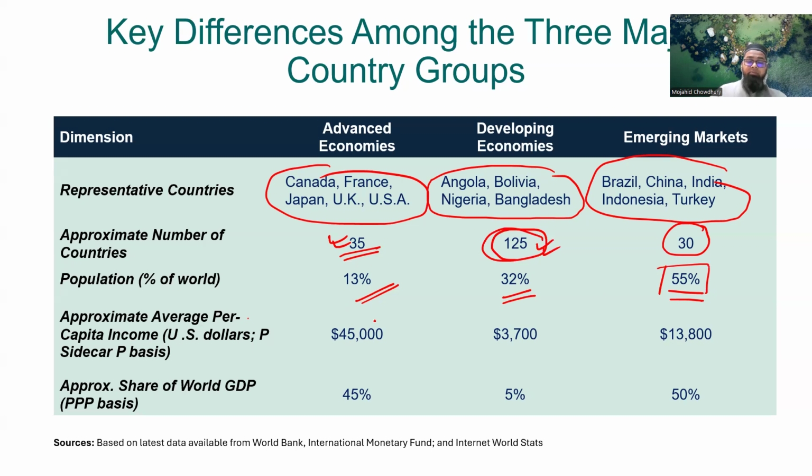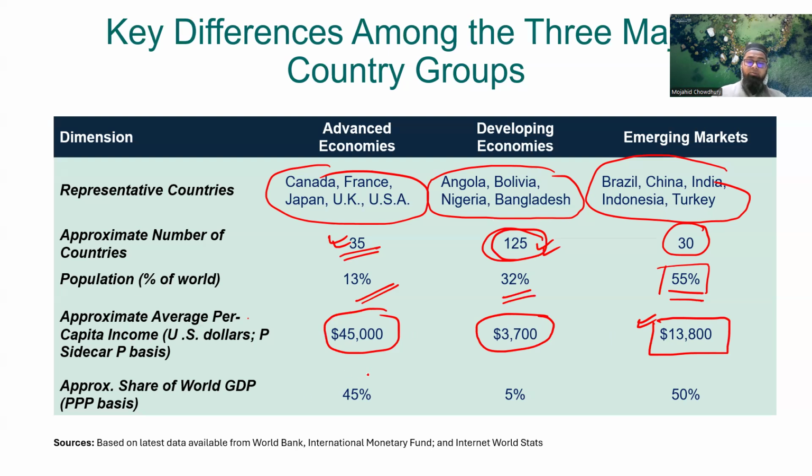Per capita income is very high for the advanced economies, very low for the developing economies, like 3,700 US dollars yearly. But in emerging market economies, per capita income is increasing, and is now 13,800. Now you see the approximate world GDP.